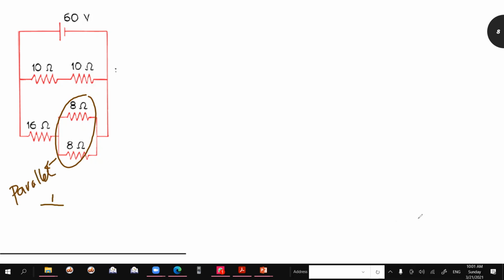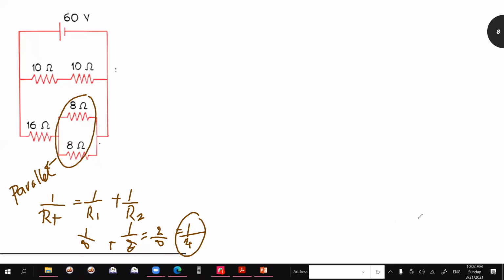So 1 over R total will be 1 over R1 plus 1 over R2. So 1 over 8 plus 1 over 8 will be 2 over 8, which is 1 over 4. So 1 over R total is 1 over 4, so R total will be 4.